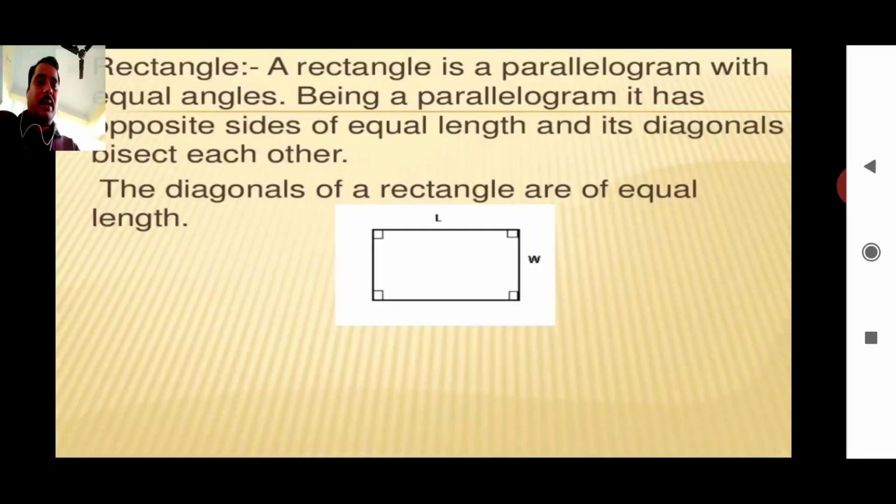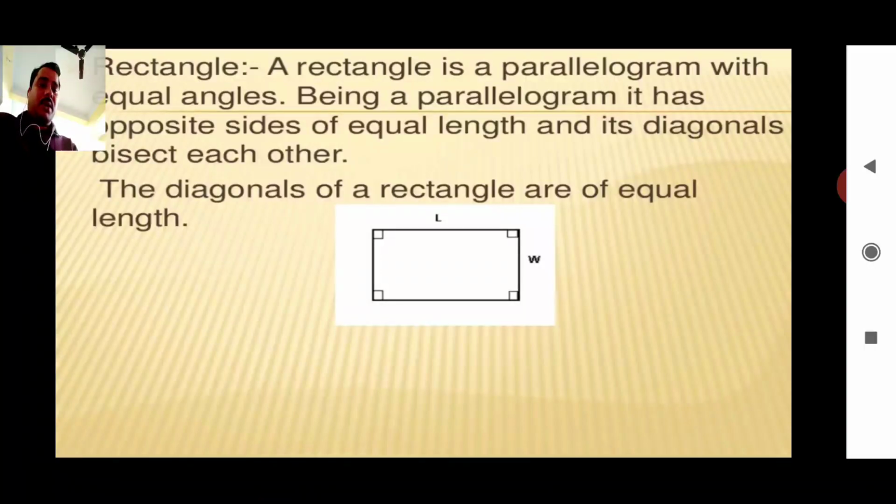Second one, rectangle. A rectangle is a parallelogram with equal angles. Being a parallelogram, its opposite sides are of equal length and its diagonals bisect each other. The diagonals of a rectangle are equal in length. You already studied the square and rectangle in class 6 and 7.